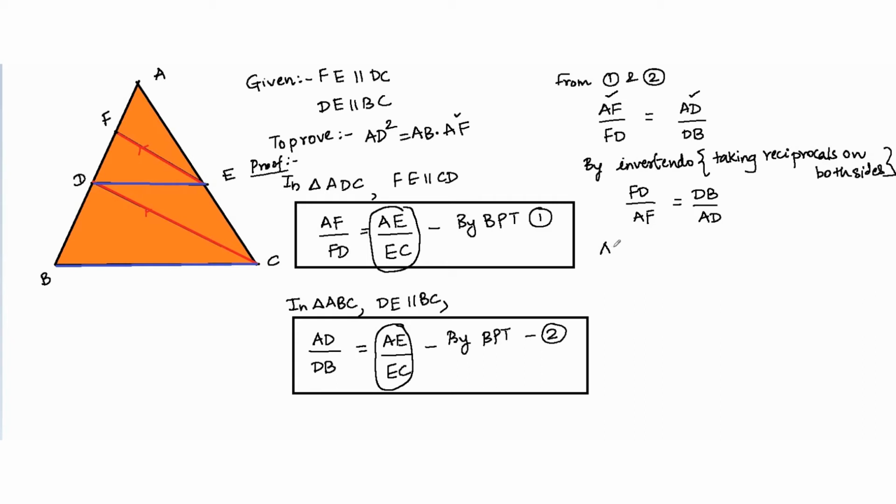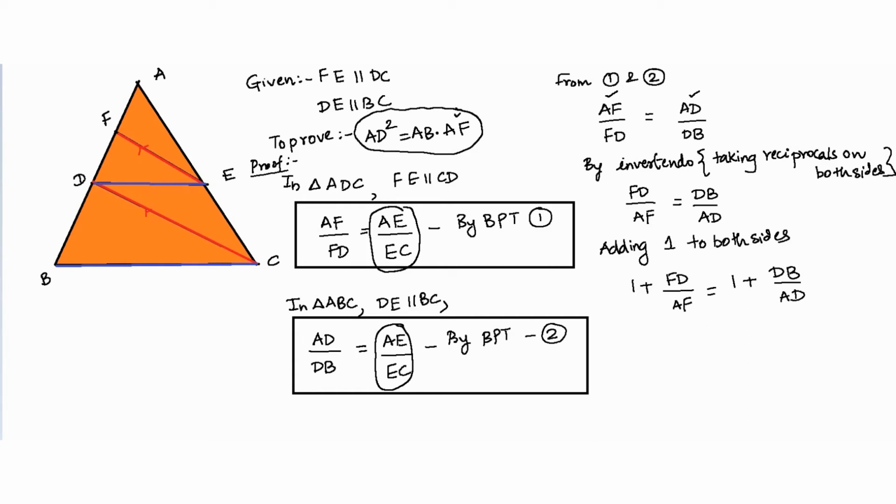So adding 1 to both sides definitely is going to help here. Adding 1 to both sides, what I now get is 1 plus FD upon AF is equal to 1 plus DB upon AD. So let me explain the rationale of adding 1 again. See, in my final equation that I have, this is what I have to prove, right?